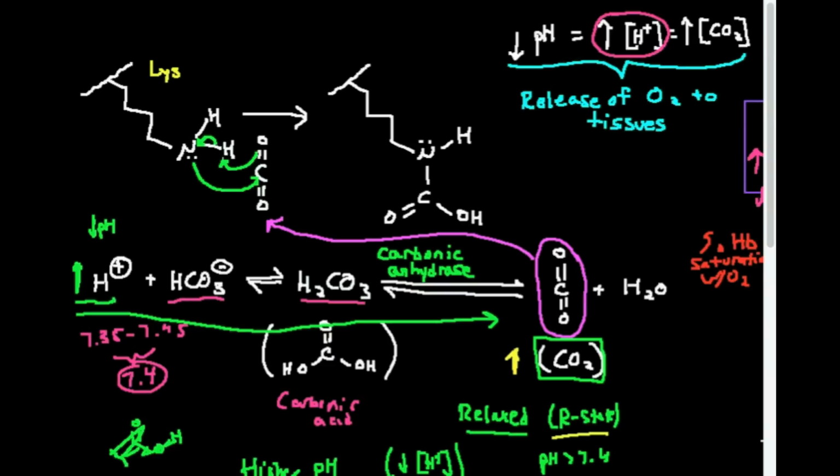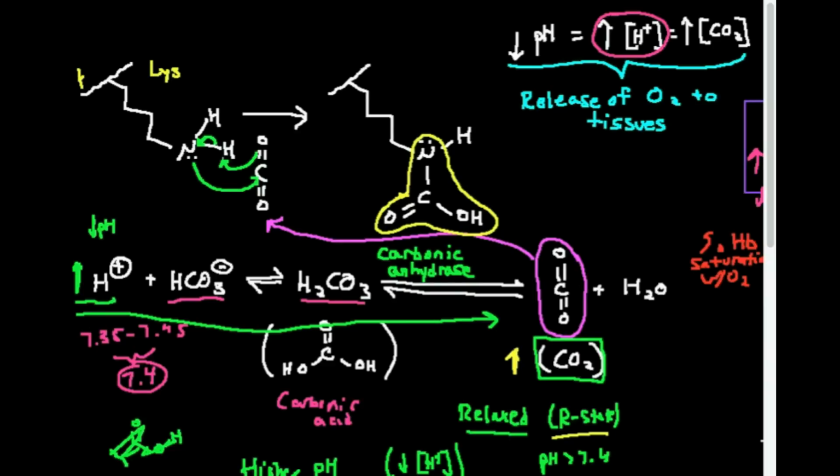So there is a chance this carbon dioxide will run into this nitrogen lone pair on the lysine, and when it does, there will be a nucleophilic attack on the carbon, and a proton rearrangement, and what you ultimately get is this moiety right here attached to this nitrogen of the lysine on the hemoglobin.